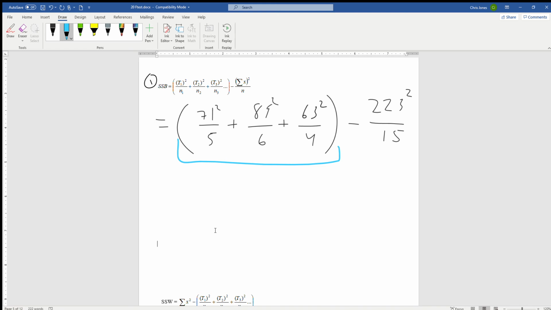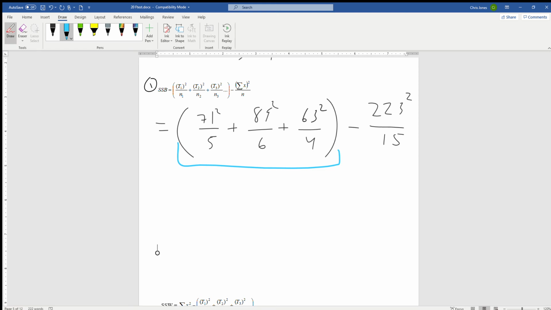That gives me 3320.617. Then we compute 223 squared divided by 15, and that gives us 3315.267.